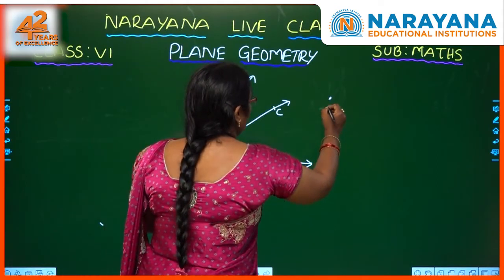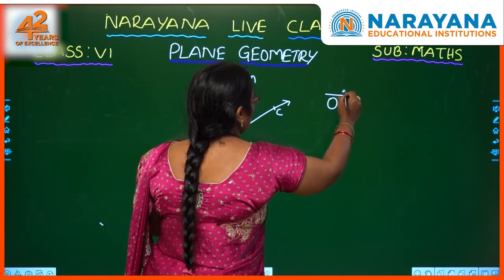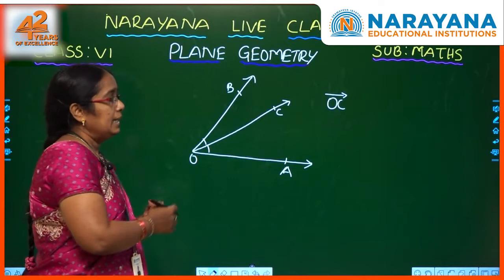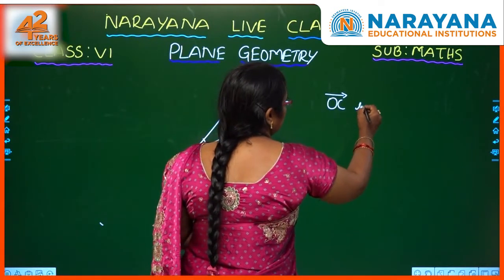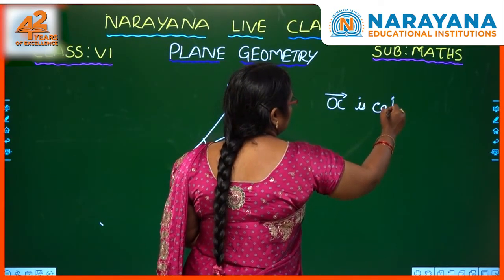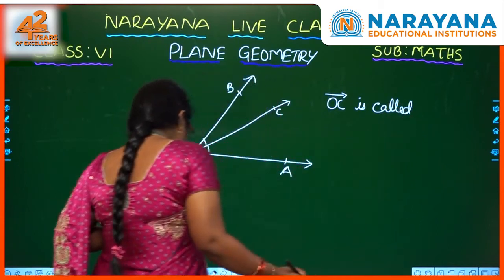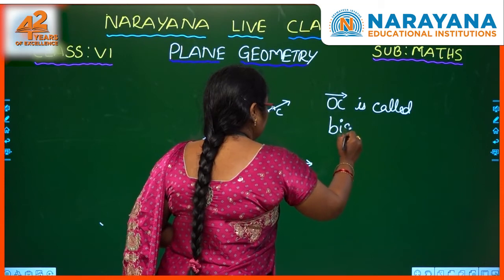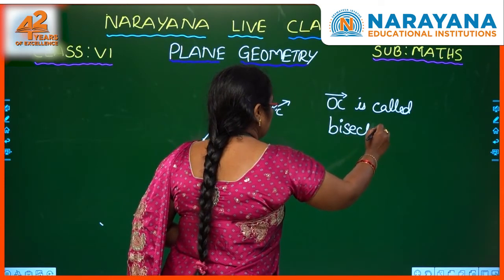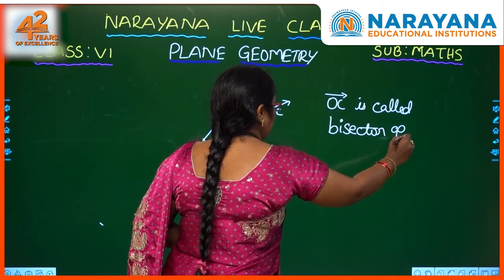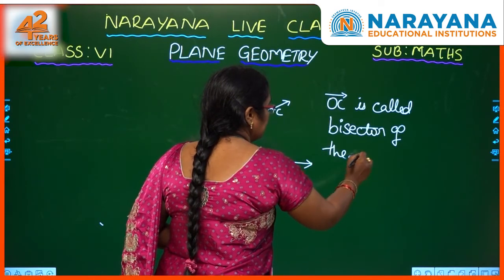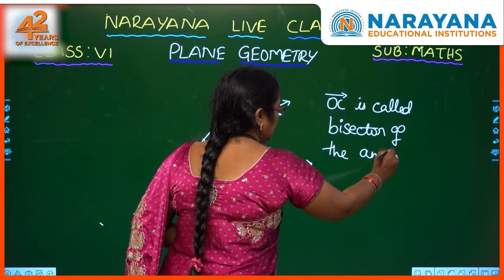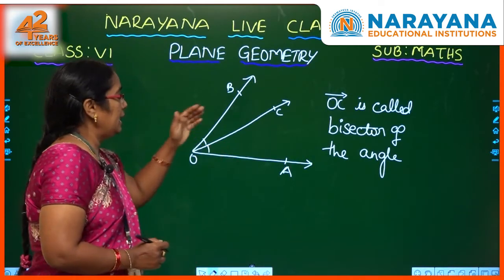Therefore, we can say ray OC is called the bisector of the angle. Why? Because it is dividing the angle into two congruent angles.